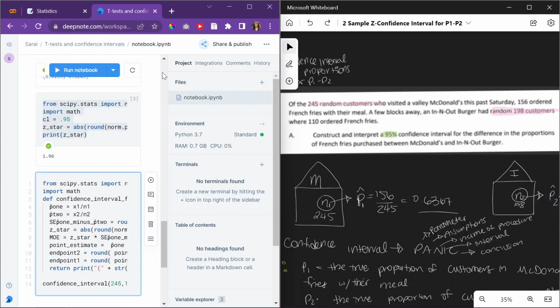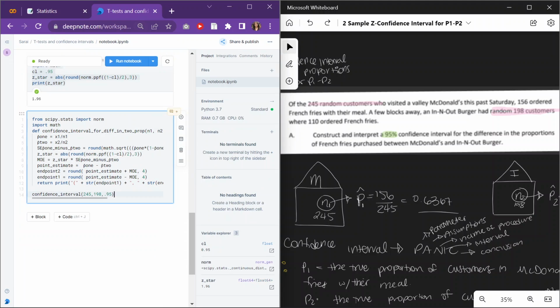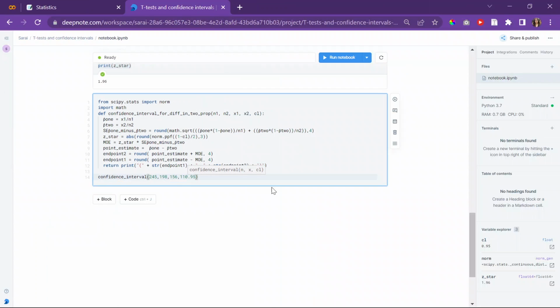Let me just put it smaller. Okay, so our x1 is 156. And then our x2 is 110. And then our confidence level is 0.92.